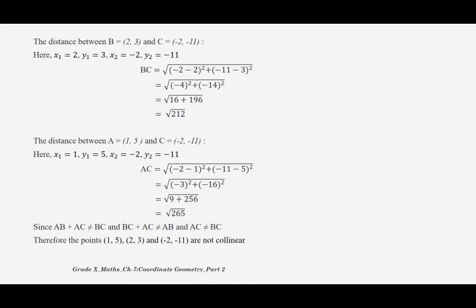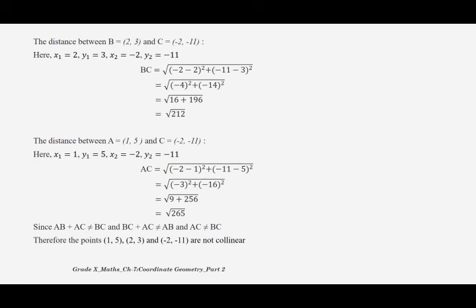Similarly, we'll find the distances BC and AC. For that, we'll substitute the points in the distance formula, and after solving, we get BC to be root 212 and AC to be root 265.